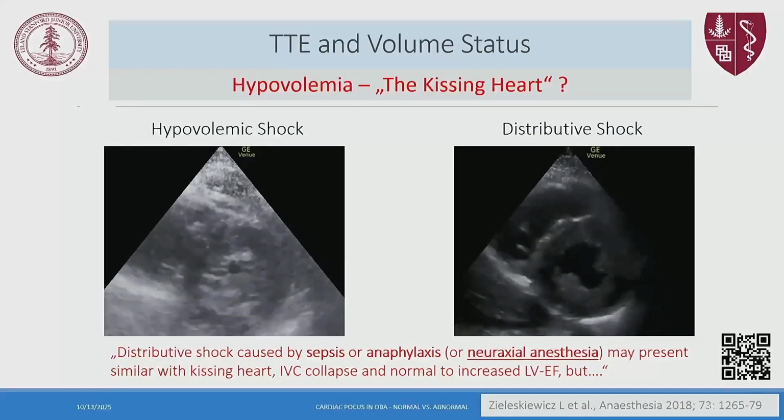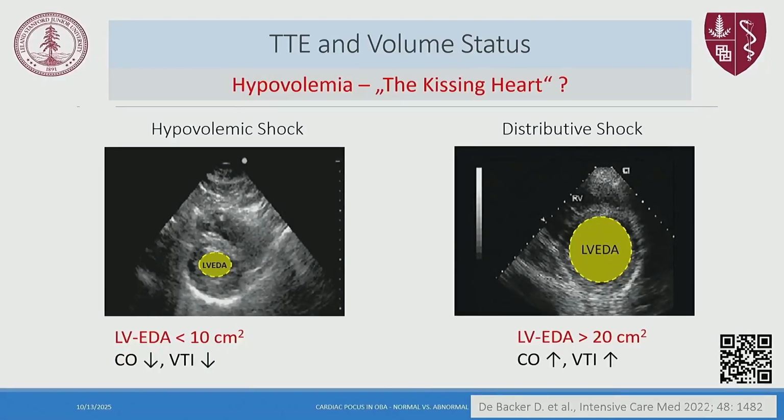But the main difference is that in hypovolemic shock, the left ventricular end diastolic area is very small. Compared to distributive shock, where you still have a good preload, so you still have a good left ventricular end diastolic area, but the ventricle squeezes everything out.